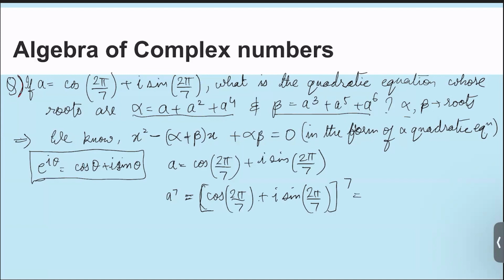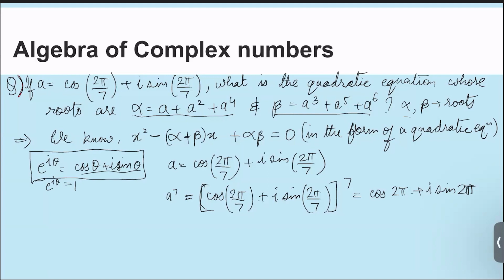Since we already know, if you write it in this form, the power actually comes within the 2 pi by 7. So what you are left with is cos 2 pi plus i sine 2 pi. The 7 and 7 get cancelled out. And since we know that this actually becomes 1, e to the i theta written in this form is also equal to 1.